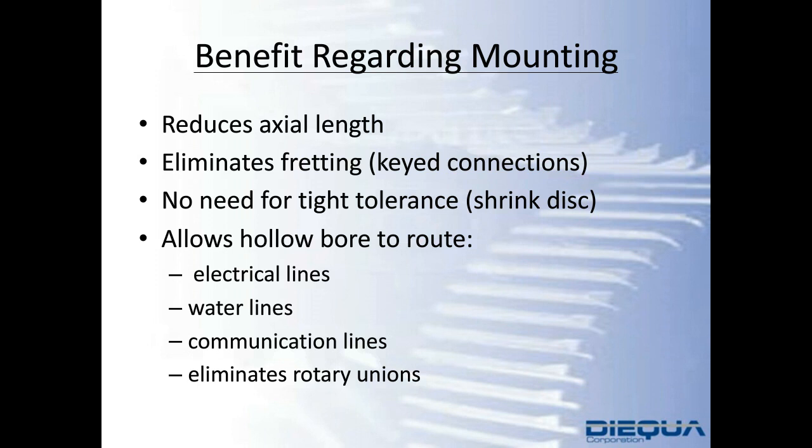When thinking about other forms of connections, a shrink disc hollow bore comes to mind. In order to consider using a shrink disc for clamping, the solid input shaft that you're inserting into the hollow bore needs to have very tight tolerancing. So this is a burden or an extra step for the customer to have to handle, or for the install team, if this tolerance isn't met.